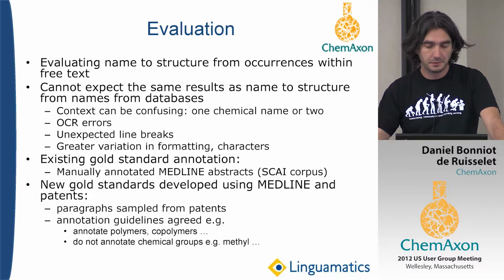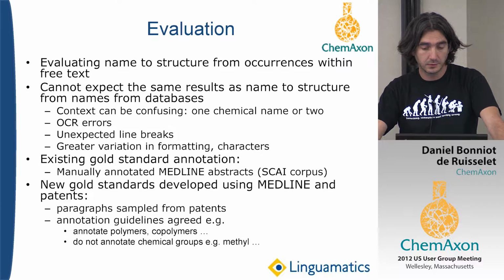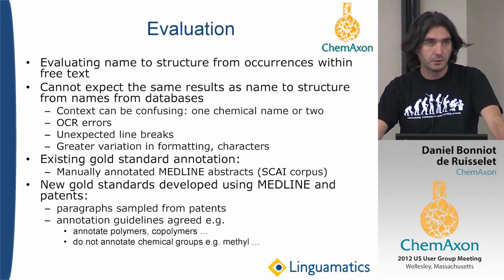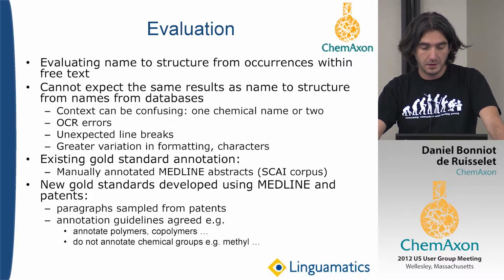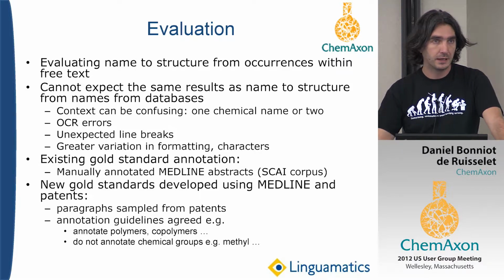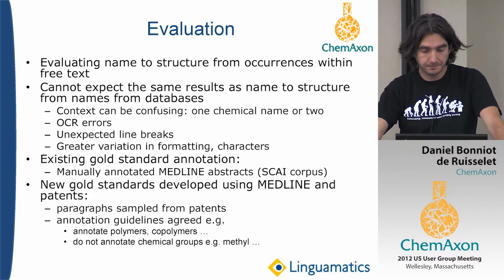So one of the things we use to make this evaluation is an existing gold standard. There's a manually annotated corpus of Medline abstracts, the Sky corpus. But we also wanted to develop our own gold standards, which we did both from Medline abstracts and from patents.